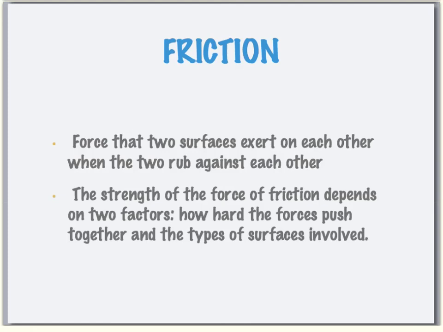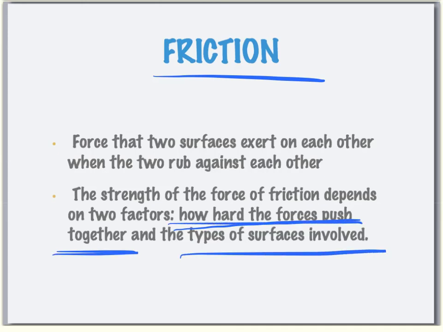Also, you have to think about how hard the surfaces push against each other. The heavier something is, the harder it pushes against the surface, and the harder it'll be to slide it across. So again, friction is the force that's exerted when two surfaces are rubbing against each other, and two things depend on that: one is how hard they push on each other, and the other is the type of surface.